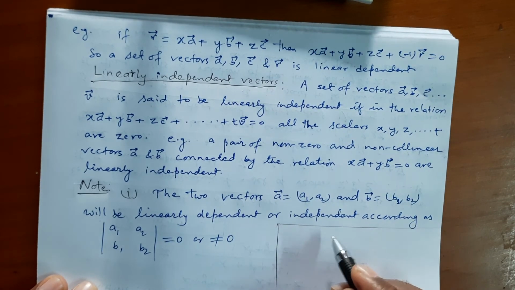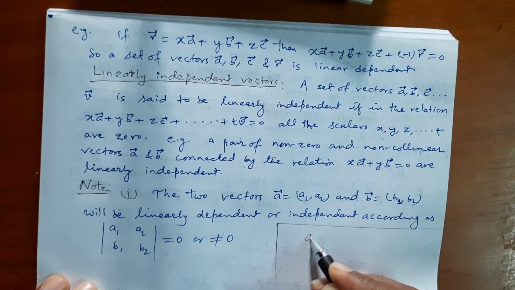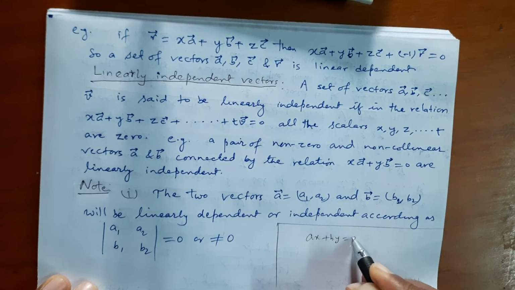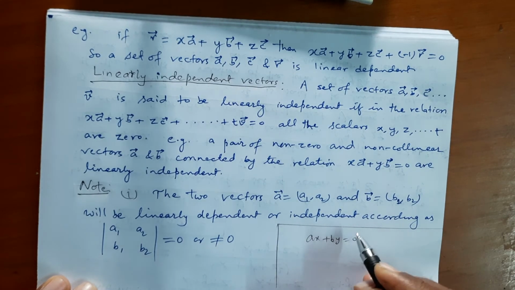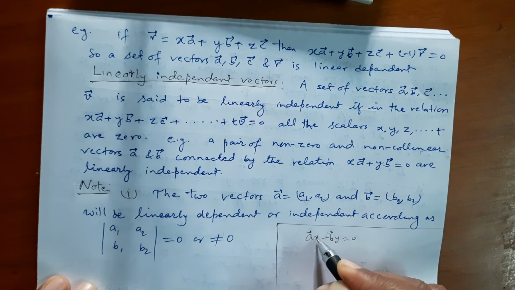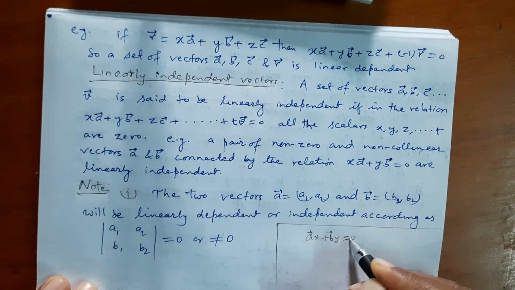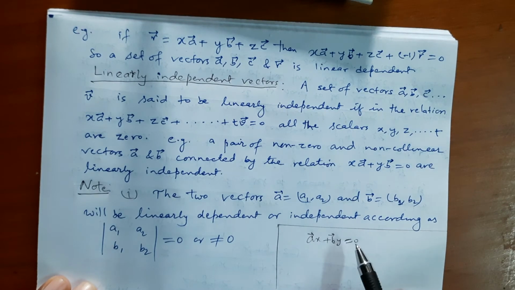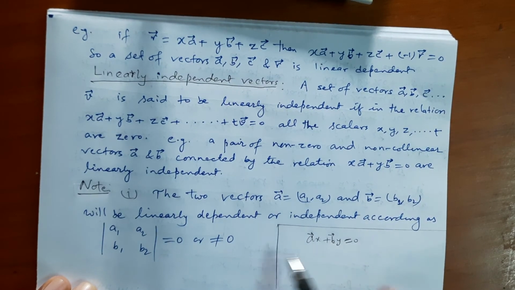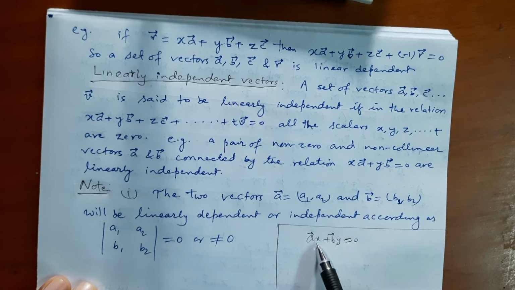Here if we make the linear combination ax plus by equals to 0, so vector a times x plus vector b times y equals to 0, and if this vectors' determinant is 0, at that time the scalar can be non-zero.